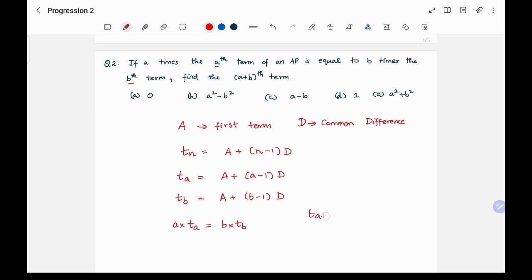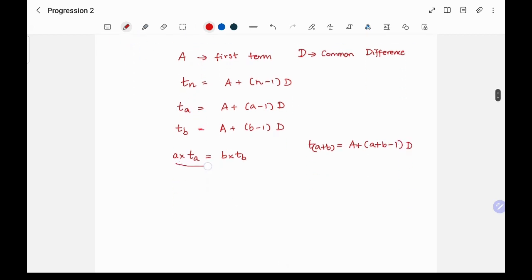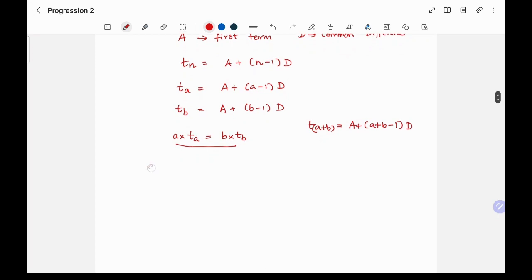So what will be the a plus bth term? It will be A plus a plus b minus 1 into D. So first let's try to simplify this. a into A plus a minus 1 into D is equal to b into A plus b minus 1 into D.